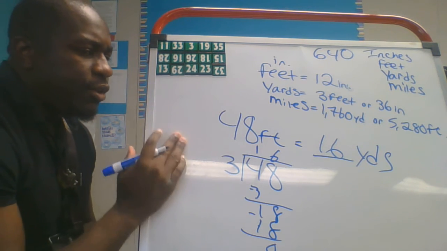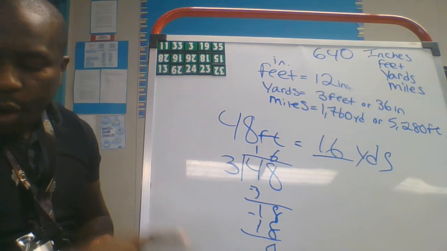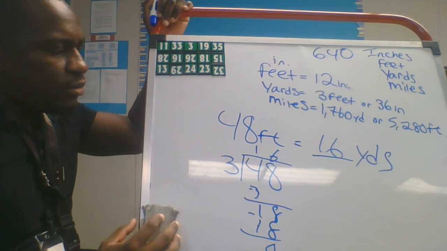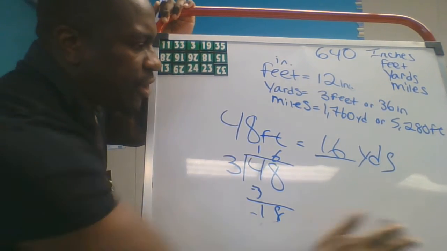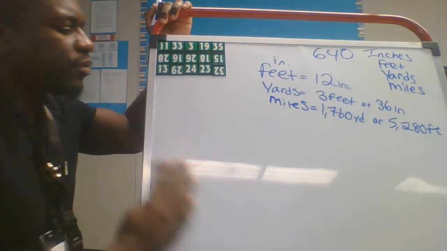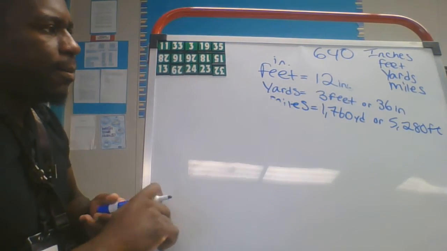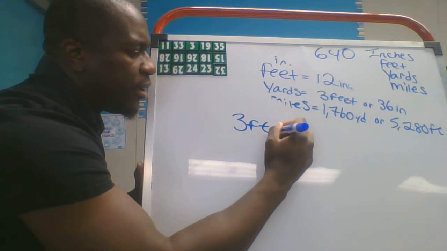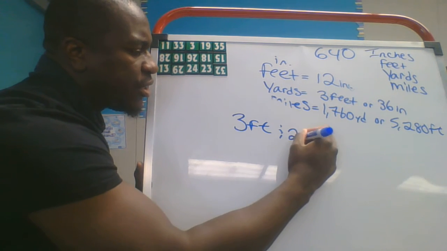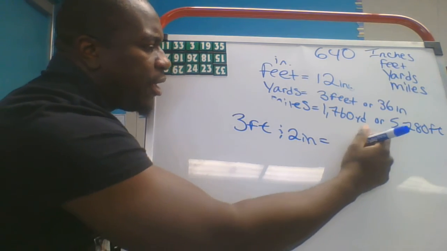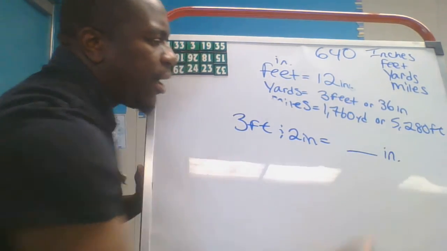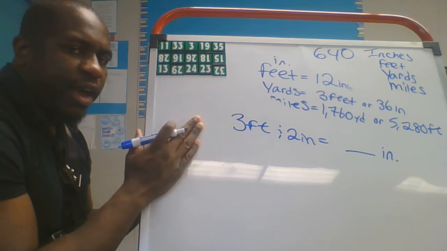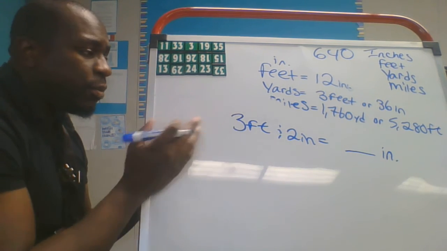So another thing you have to look out for is that things won't always be so clean. For example, let's say I have 3 feet and 2 inches, and I want to know how many inches that is in total. So I can't just multiply 3 feet by 12. Horse to butterfly, we multiply.